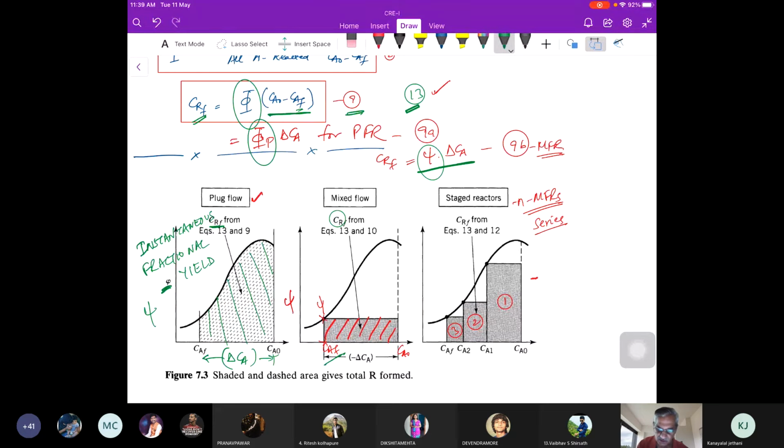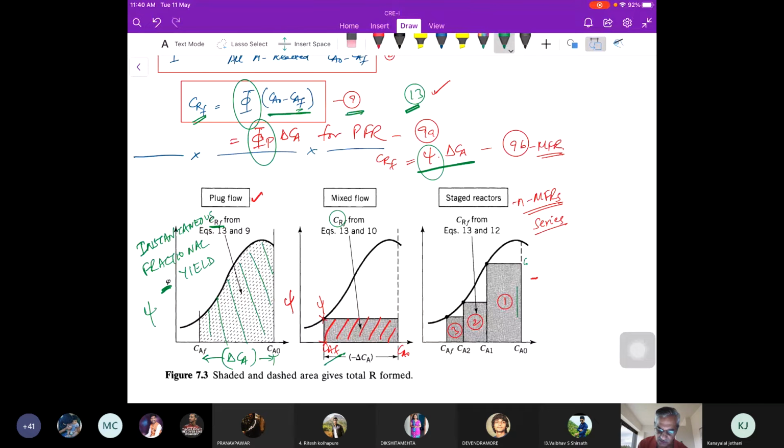And if it is staged reactors, or n number of reactors in series, then depending on the value of CA, suppose this is the first reactor, CA naught is here, and this is CA1. So here, for the psi value, we will take the rectangular area. In the second reactor, CA1 will be the inlet and CA2 will be the outlet.